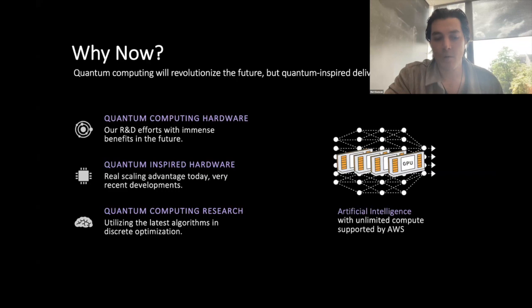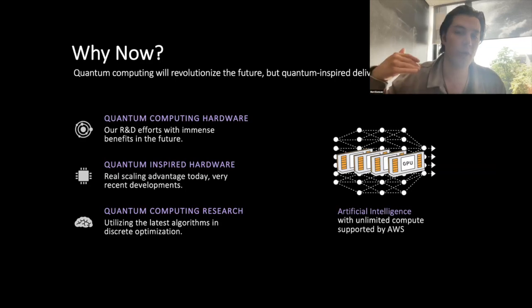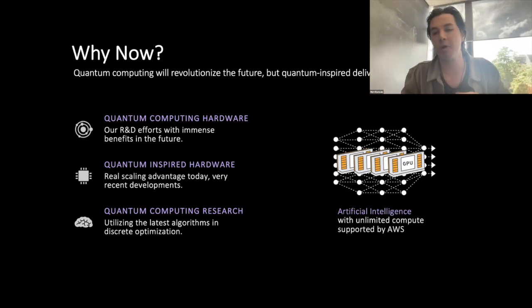On the other hand, quantum computing as a science, as an industry, has inspired new resources. This is what I call quantum computing research or quantum computing algorithms on the software side, and quantum-inspired hardware on the hardware side, where people have built specific chips, specific hardware to solve these kinds of problems.